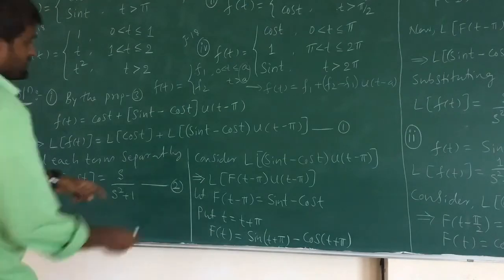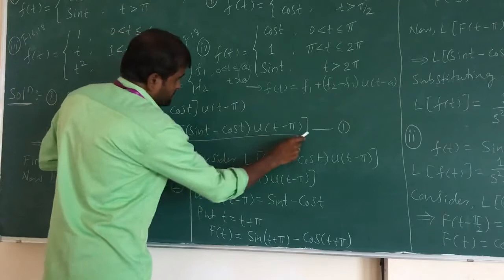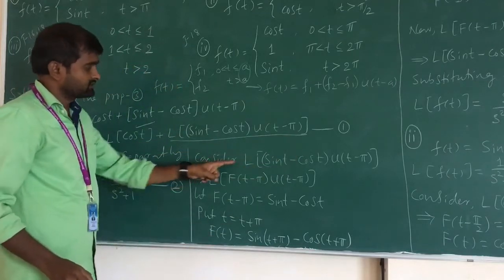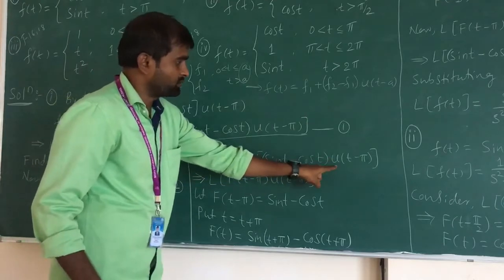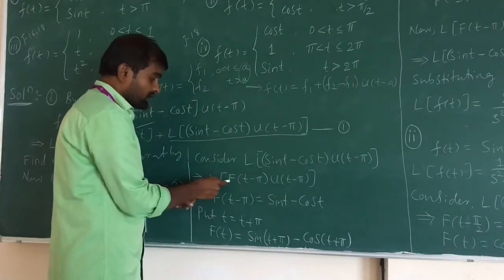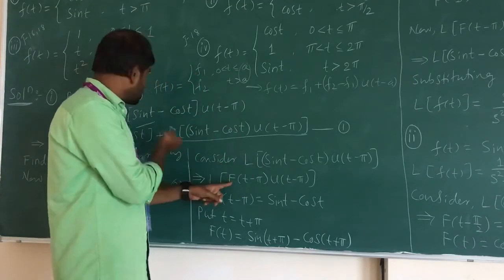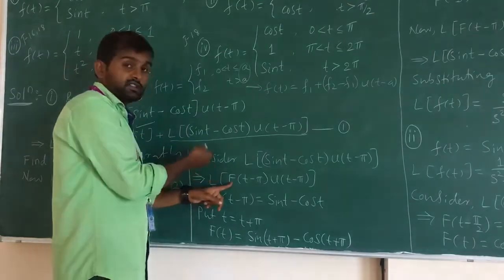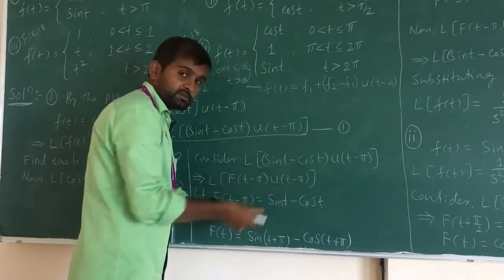Next, consider this whole part, L of sin t minus cos t into u of t minus pi. This is equivalent to L of capital F of t minus pi into u of t minus pi.